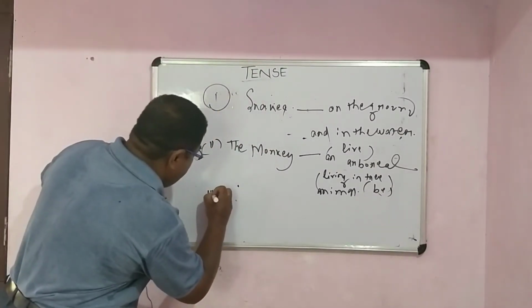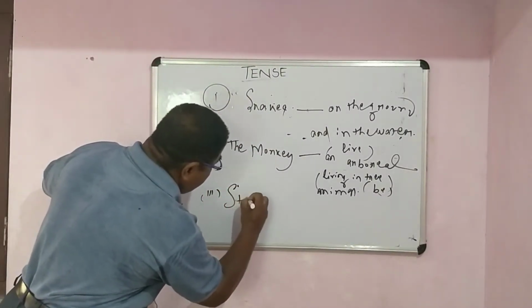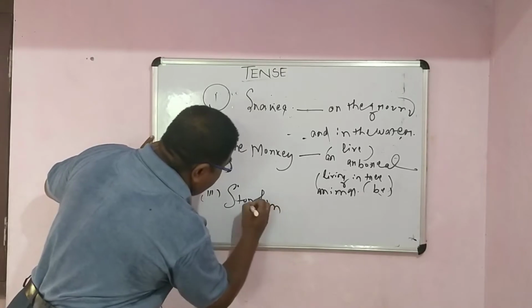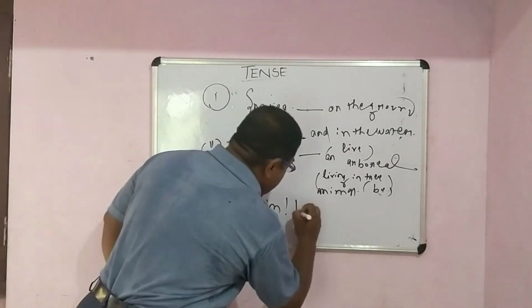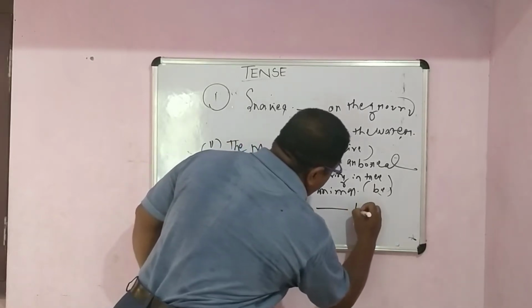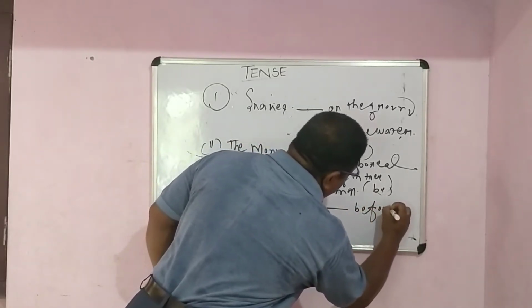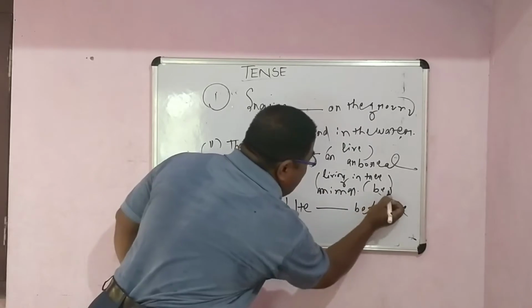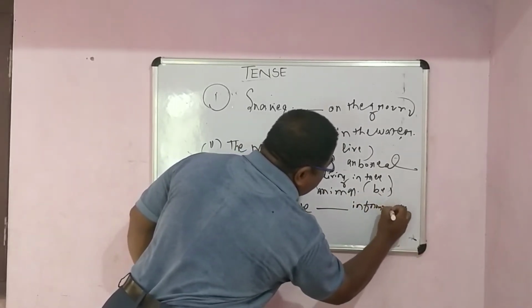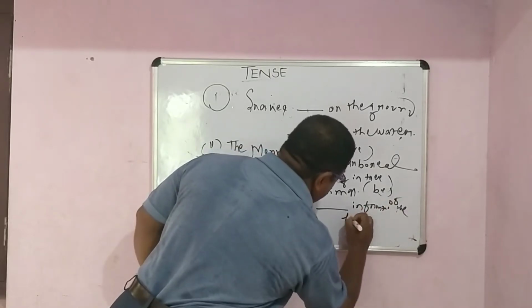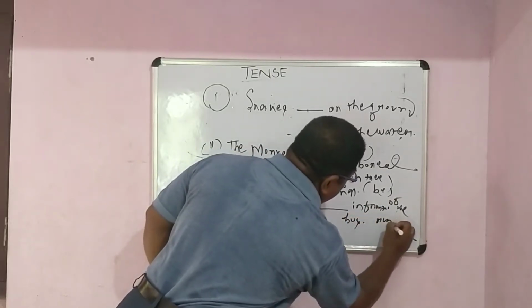Within the bracket B. Number 3, stop. S-T-O-P. Stop him. Put the exclamatory sign. He dash in front of the bus. It should be in front, which will be the correct option as the preposition, in front of the bus. Within the bracket, run.